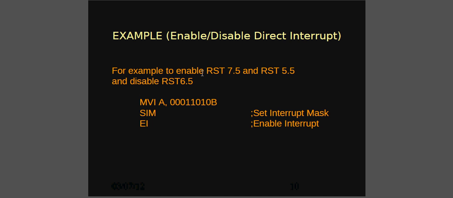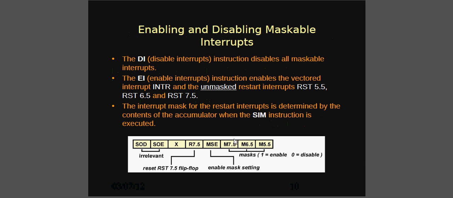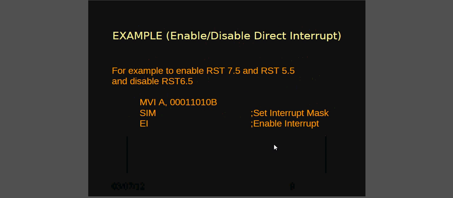For example, we want to enable RST 7.5 and RST 5.5, and disable RST 6.5. So they send a signal 0 1 0.